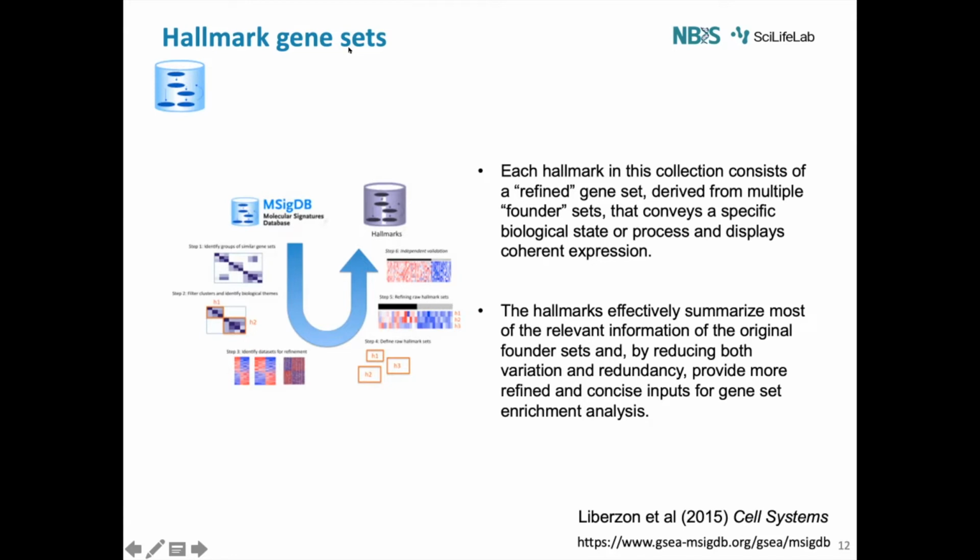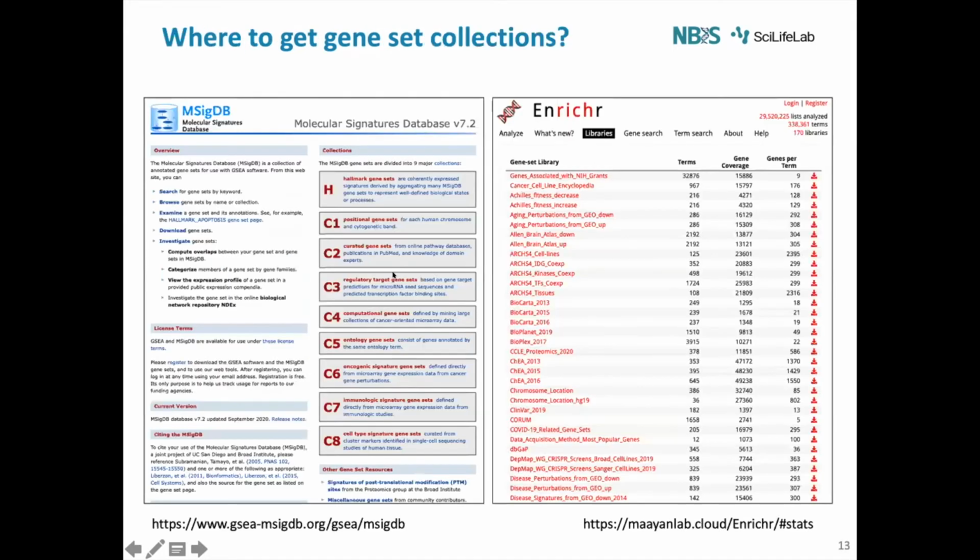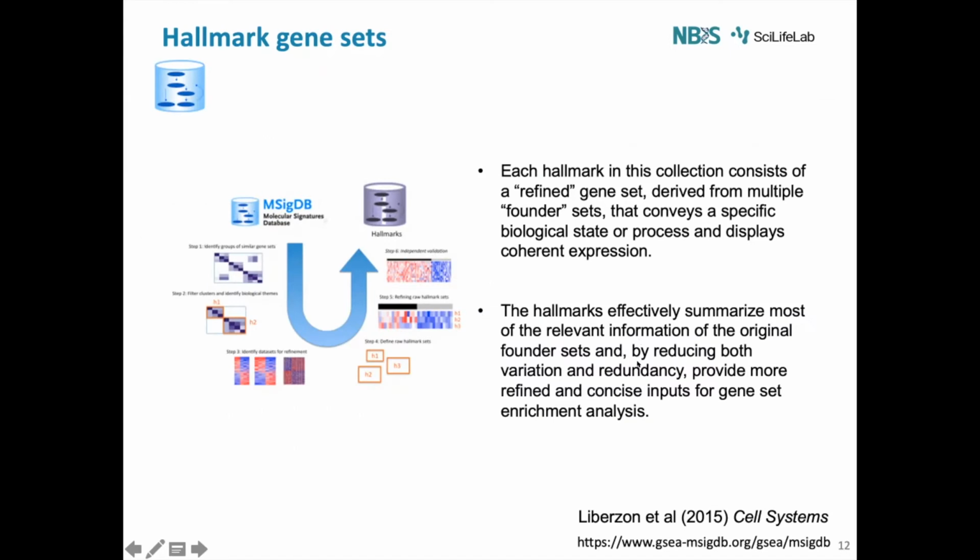So it's kind of a big summary of gene ontology, let's say. And most of those pathways will also be independent of each other, because that is a better set to avoid redundancy, which is required and would provide better results for gene set enrichment analysis that I'll talk about in a minute.